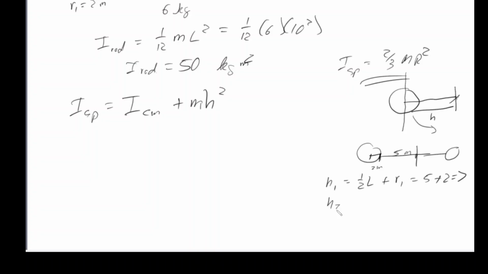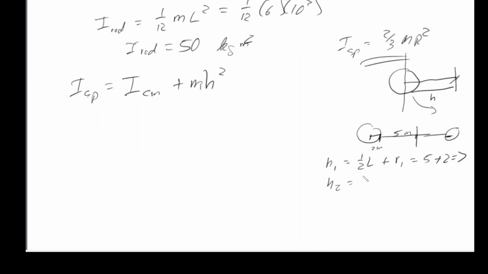And for the second mass, same thing. We've got a radius here, so h2 is equal to 1/2 the length of the rod plus r2, which is 5 plus 1, which is equal to 6.